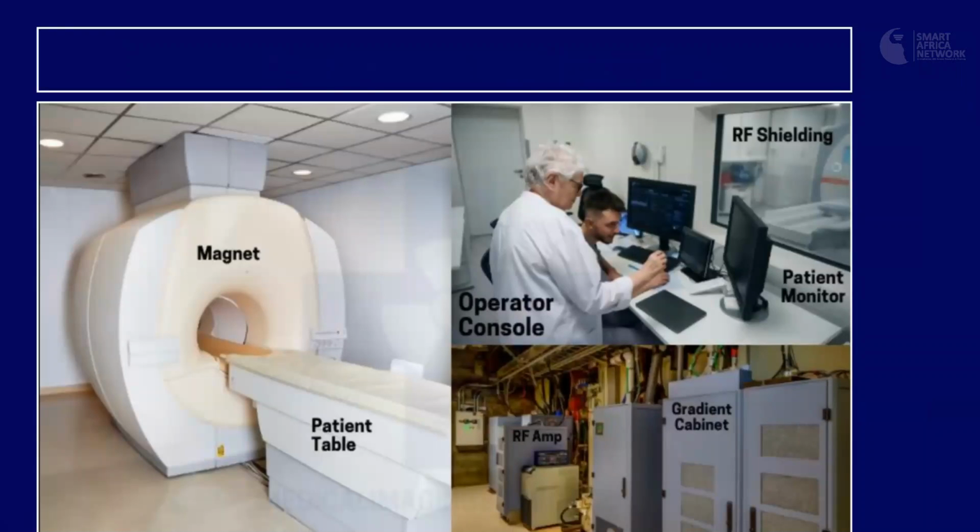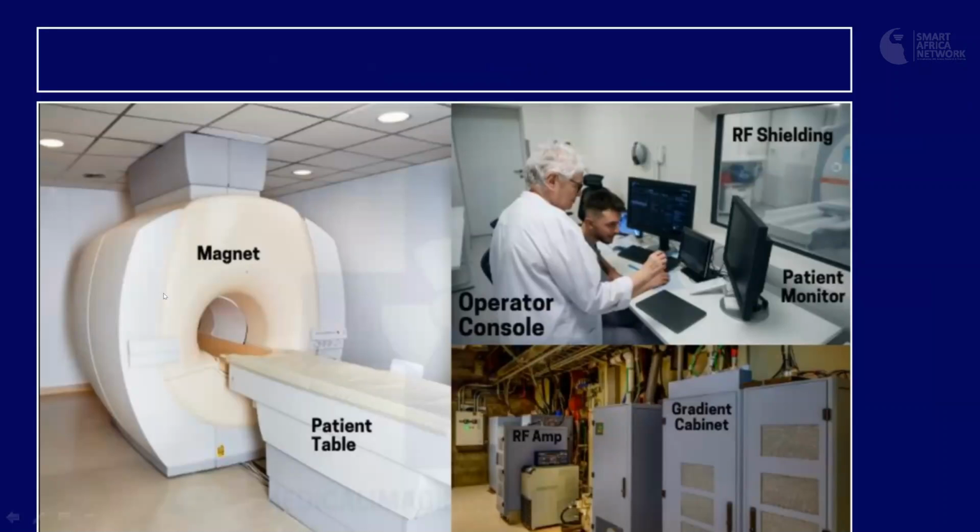Okay, so this is a photo of what the MR machine looks like. That's the closed type, which is more common. And these are some of the components that I already mentioned. So you have the magnet itself.